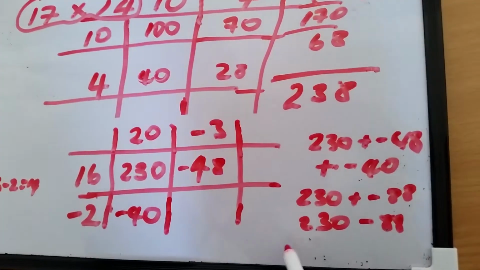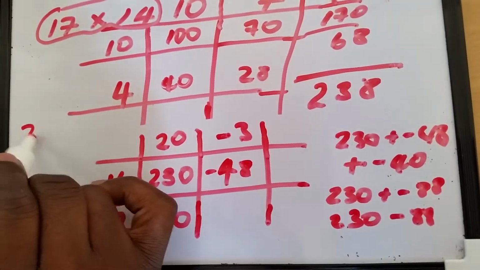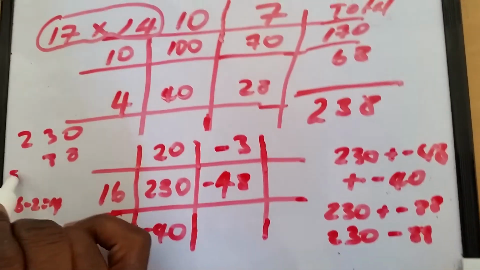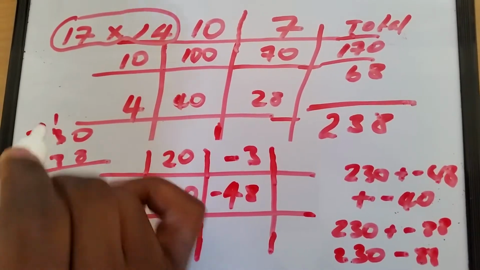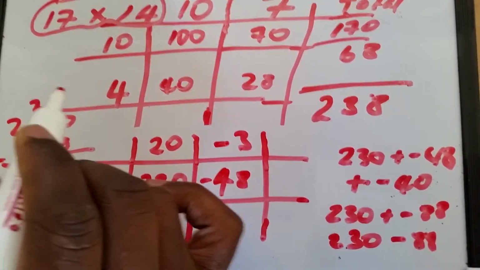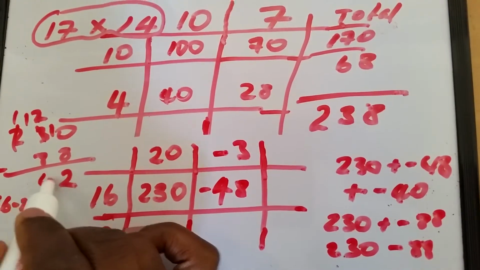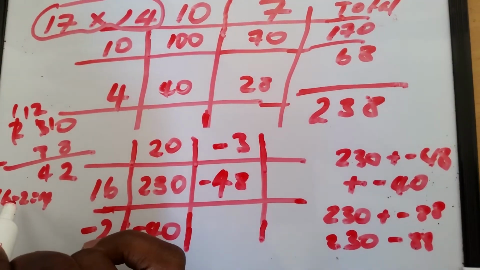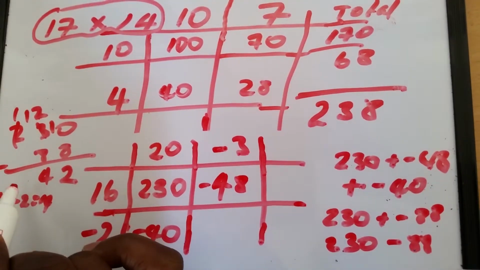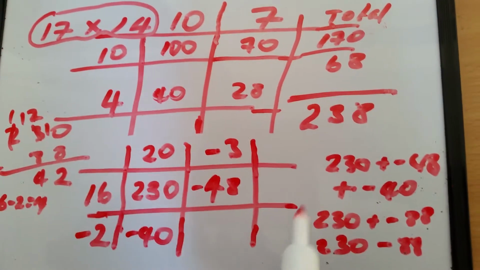Now if we just subtract that, so I'm just going to do that subtraction here, which is 230, and I'm taking away 88. So if I borrow that 1, leaves me with 2. So hold on, just see if I'm making a mistake in here.